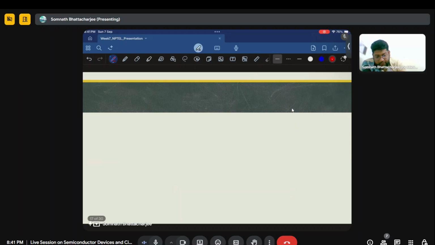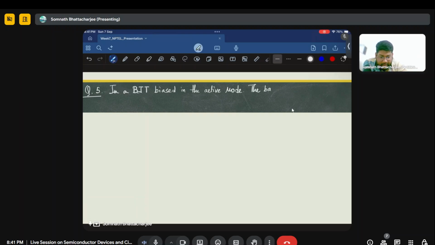So we'll move to the next one, question number 5. In a BJT biased in the active mode. As already told, what is the active mode? Active mode is also known as the analog mode, where the transistor is behaving linearly, right?